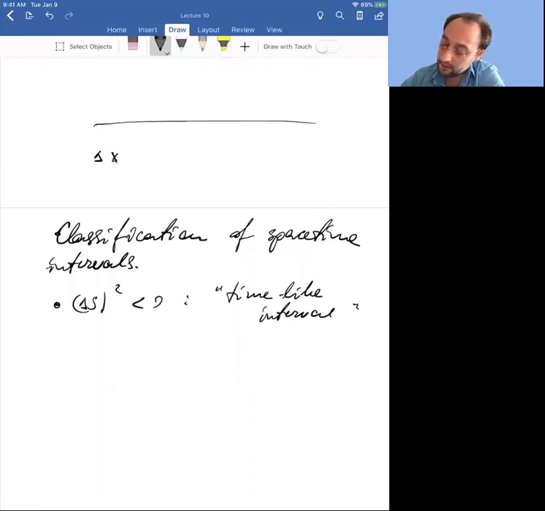delta S squared equals delta X squared minus c delta T squared. So one way to make it negative is if delta X is 0, which corresponds to two events that are separated only by time. That's where the name comes from, I think. So the name comes from the fact that we get this sign when two events are at the same location and are separated only by time.